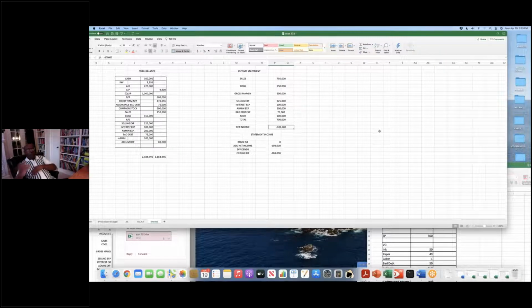It doesn't matter, it's finished goods inventory. 6,212.